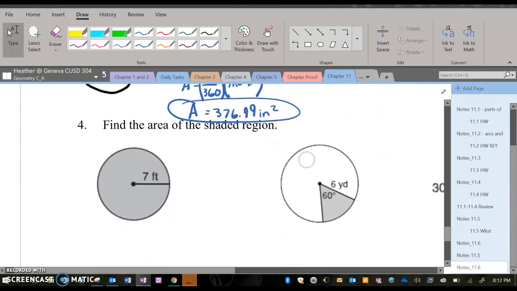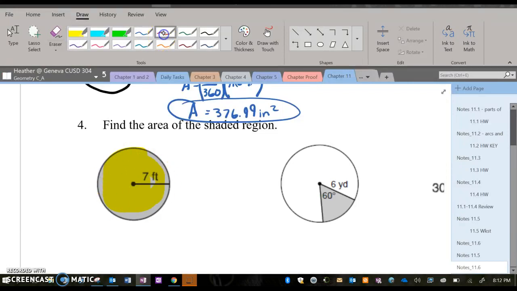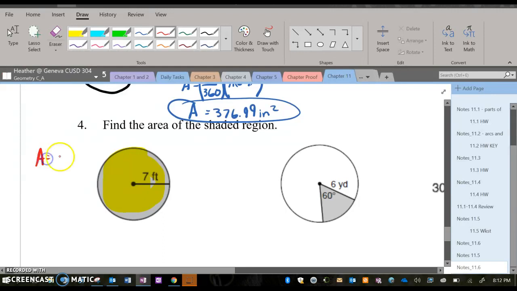The next one, it says find the area of the shaded regions. So we have to determine if it's the normal area of the circle or if it's of the sector. So in this one here, the whole shaded region is the entire circle. So since it's the entire circle, we will have A equals pi r squared. We have r equals 7, and we don't know what A equals.